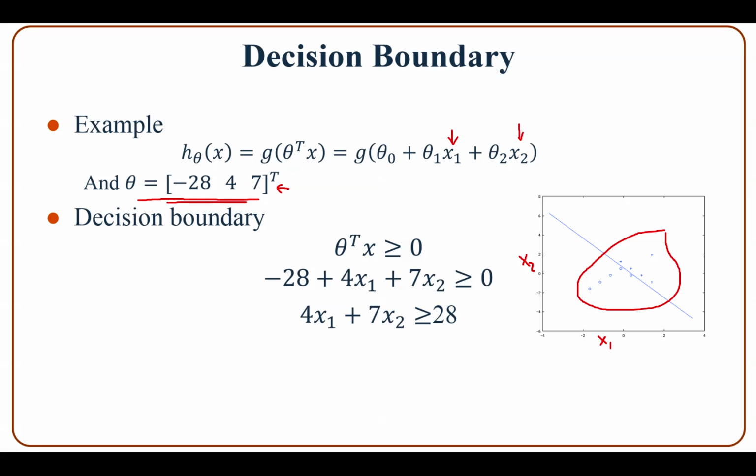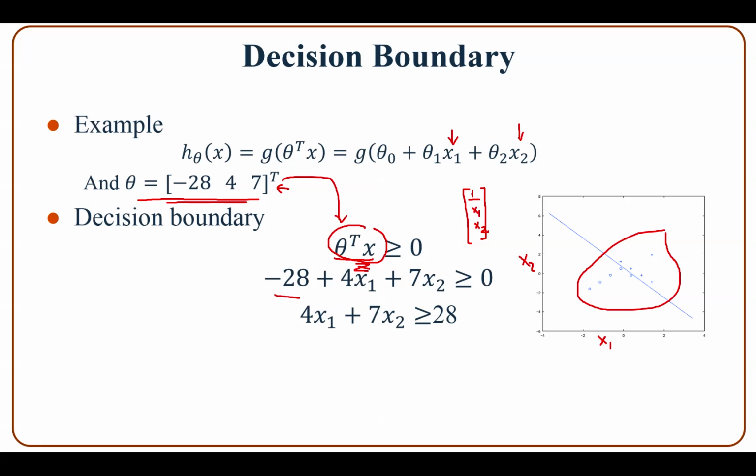So the decision boundary is where z is greater than or equal to 0, and z is actually equal to theta transpose times x. So we plug them in. This is theta, and x is a column vector containing 1, x1 and x2.